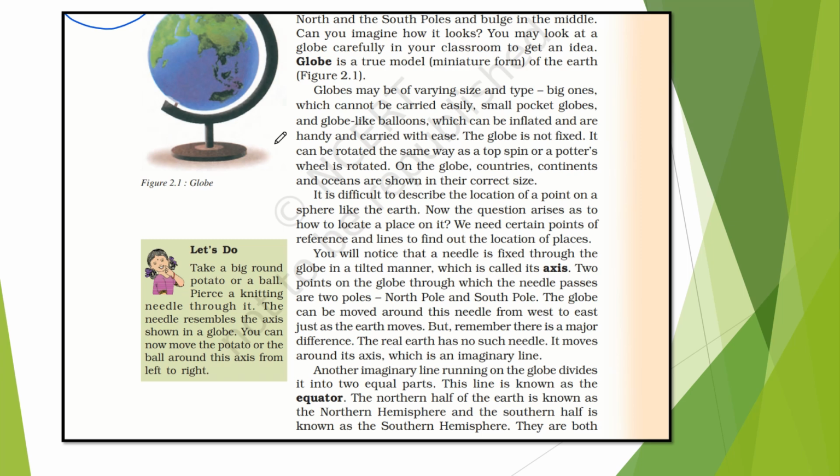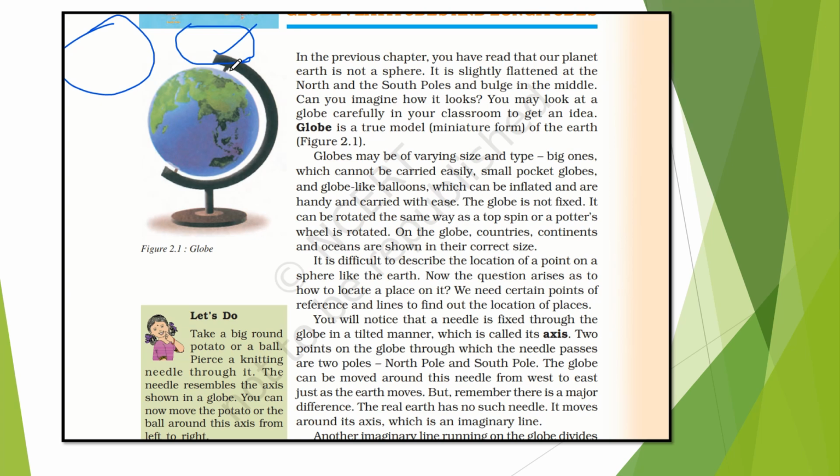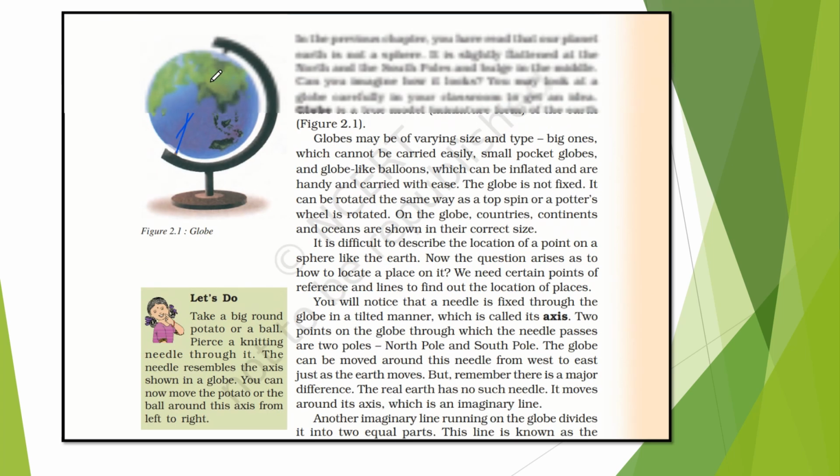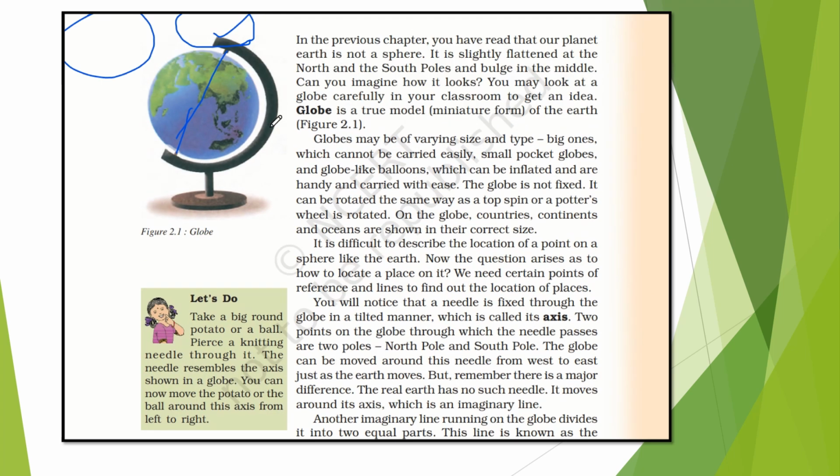You will notice that a needle is fixed through the globe in a tilted manner. This is the needle which is fixed, which is called its axis. So this line is the axis of the globe.